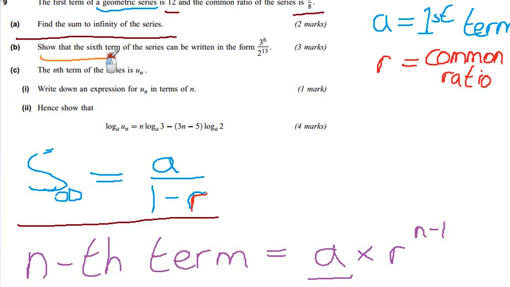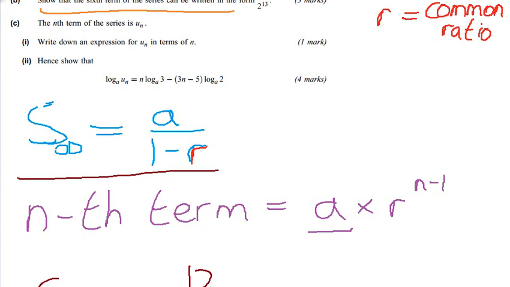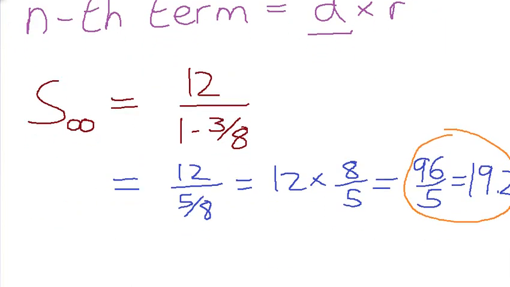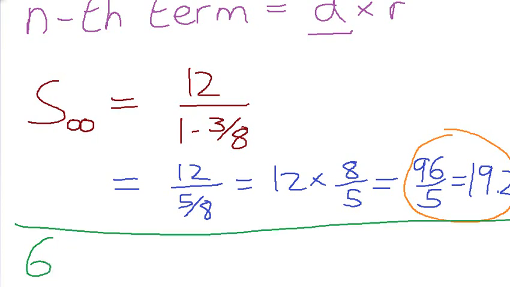Show that the sixth term in the series can be written in this strange form that we see before us there. So the sixth term, let's go down. Let's draw a line under that.